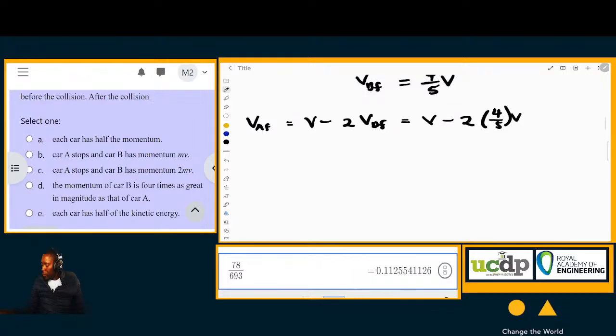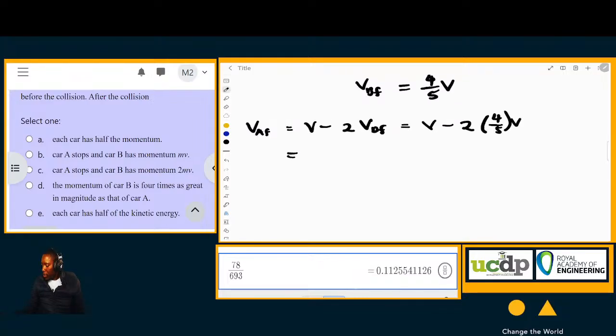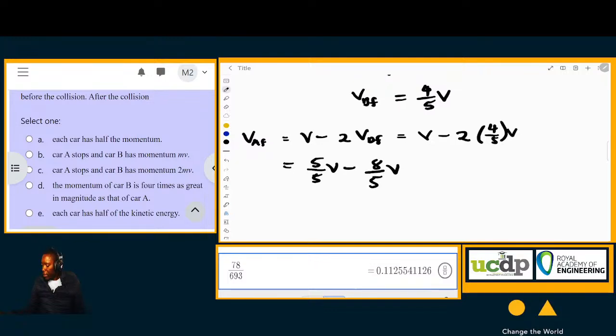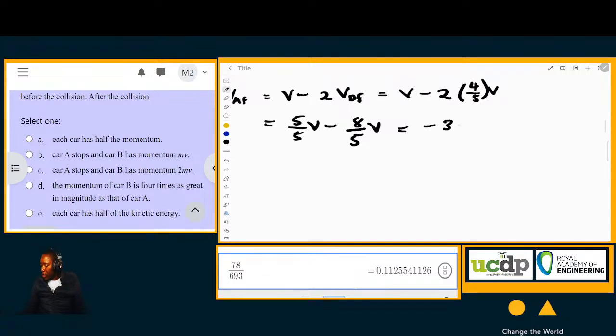So what does that mean? This is V, which is 5 over 5V minus 8 over 5V, which gives us minus 3 over 5V.